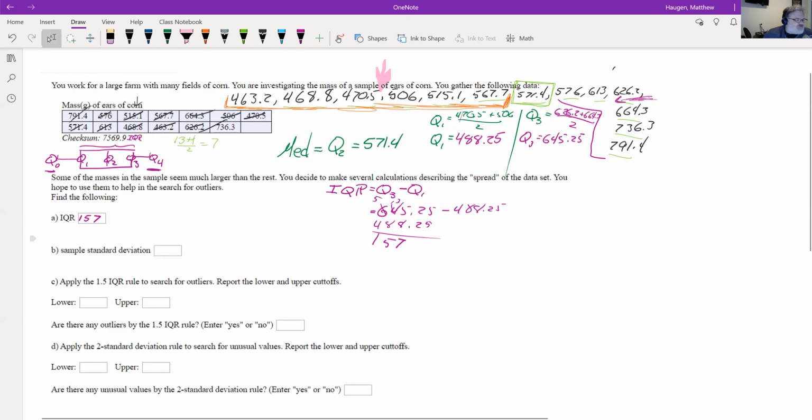Most people who struggled on this question, the one they usually got right was that standard deviation. So do any of you have any questions on how to find the standard deviation using Excel or a calculator? Or can we just say, ask the calculator, ask Excel, and that's what it is?